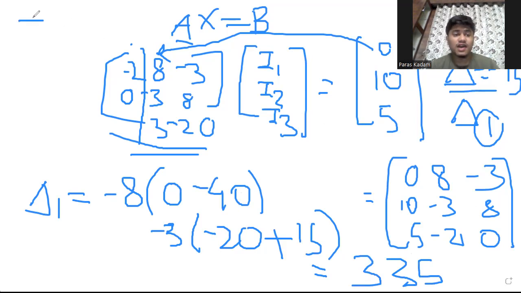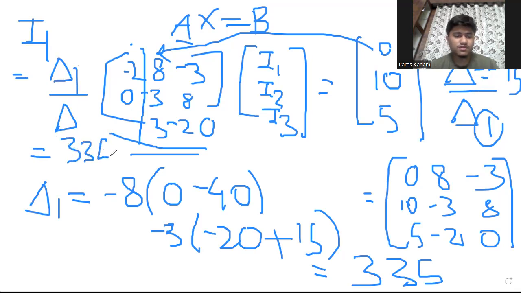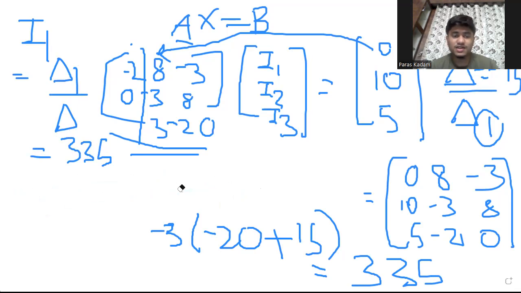Now we will find I1. So how to find I1? We will divide delta 1 upon delta. Whatever is the value of delta 1, we will put it, and whatever is the value of delta, we'll put here. So delta 1 is 335 and delta is minus 75.